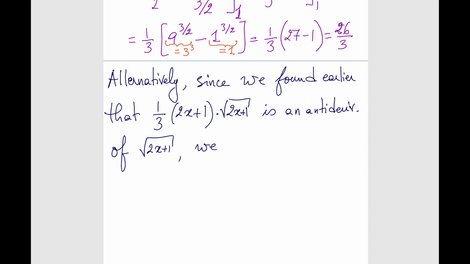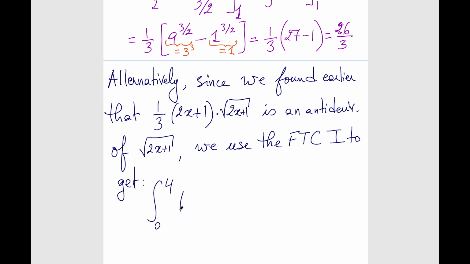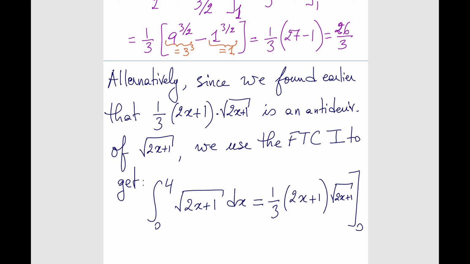We use the fundamental theorem of calculus part 1 to get that this integral between 0 and 4 of square root of 2x plus 1 dx is equal to the primitive, so 1/3 (2x plus 1) square root of 2x plus 1 between 0 and 4.